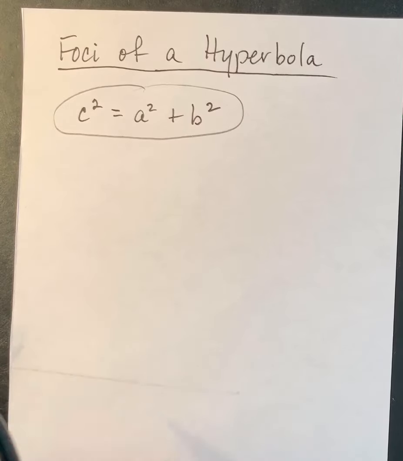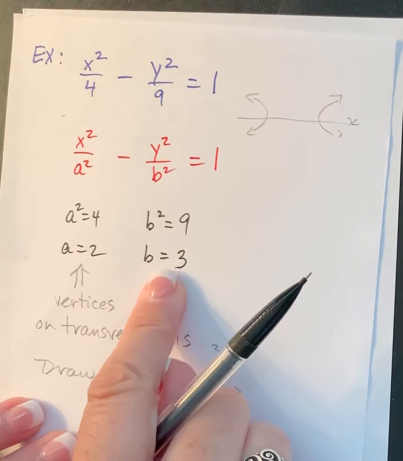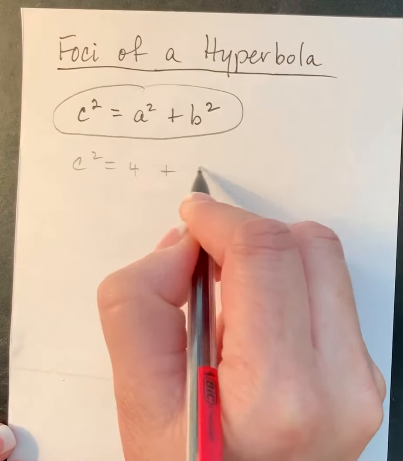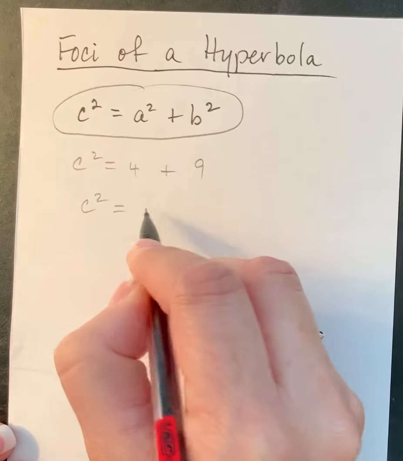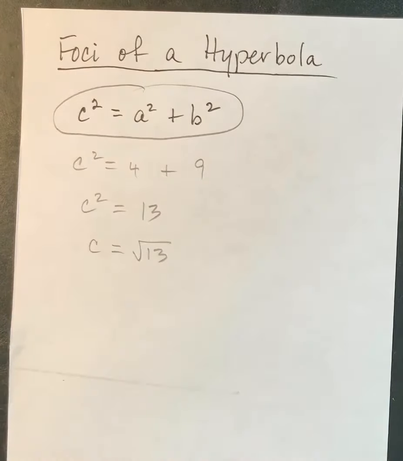So on the last one that we just did, a was 2 and b was 3, or a squared was 4 and b squared was 9. So c squared is going to be 4 plus 9. c squared equals 13. So c is the square root of 13.